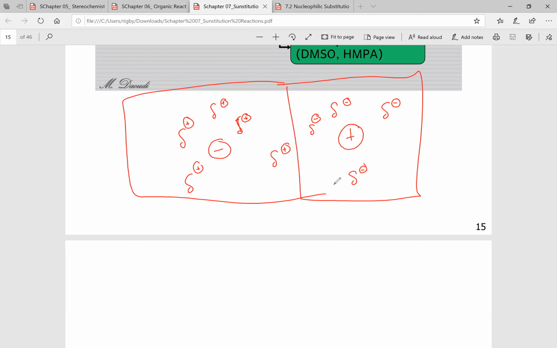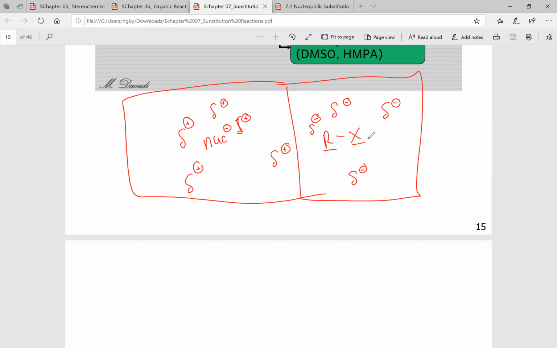And so we can sort of think of this negative charge as our nucleophile, and then we can think of this positive charge as whatever our substrate was. I'm going to designate our substrate as RX, where R is the alkyl group and X is our leaving group.